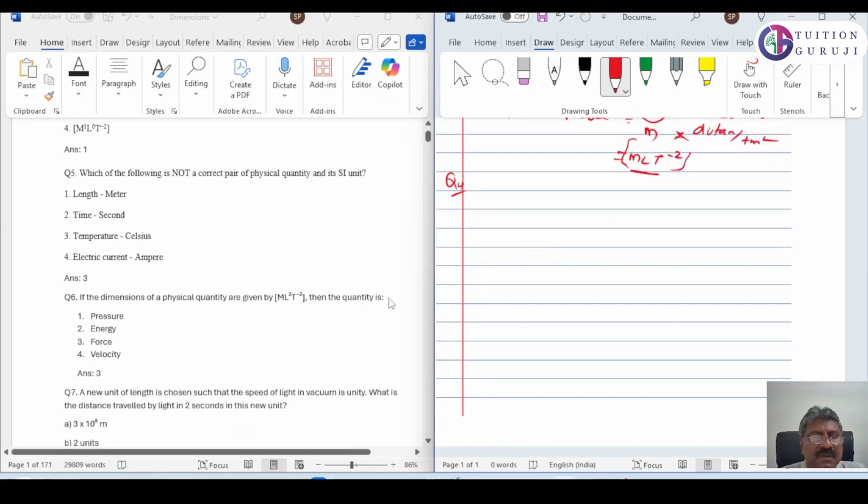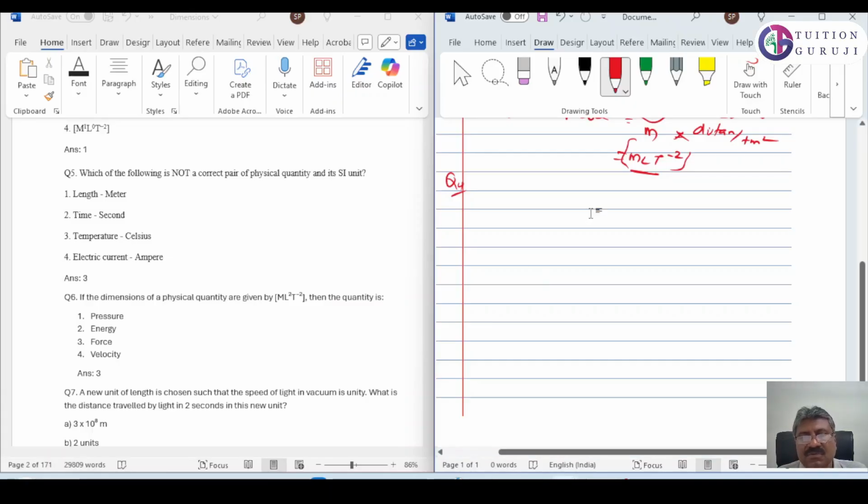Next one. Which of the following is not a correct pair of physical quantity and its SI unit? Just now we have mentioned, length is for meter, time is for second, temperature is for Kelvin, not for Celsius. What is given is Celsius, that is wrong.